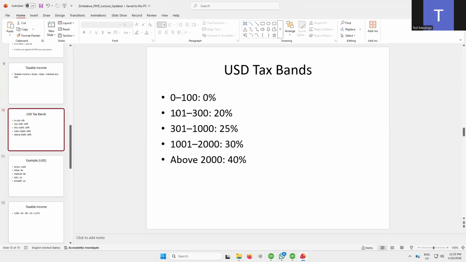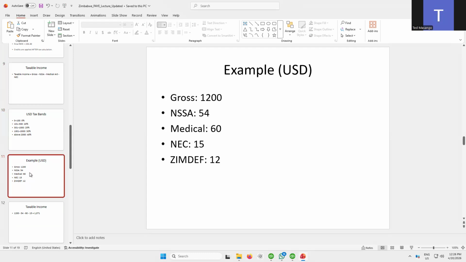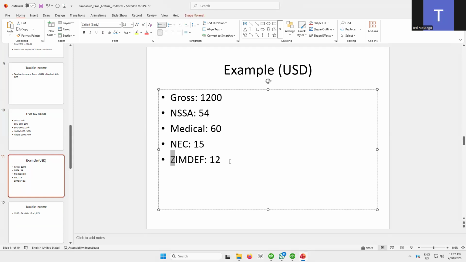For figures which are between 101 to 300, you're applying that percentage. Then you deduct a certain amount. I will share the tax tables. Right. So let's have an example here. Gross is 1,200, NSSA 54, medical aid 60, NEC 15, then ZIMDEF 12. But we said this ZIMDEF, let's not include it. It's paid by the employer, so it's not paid by the employee.